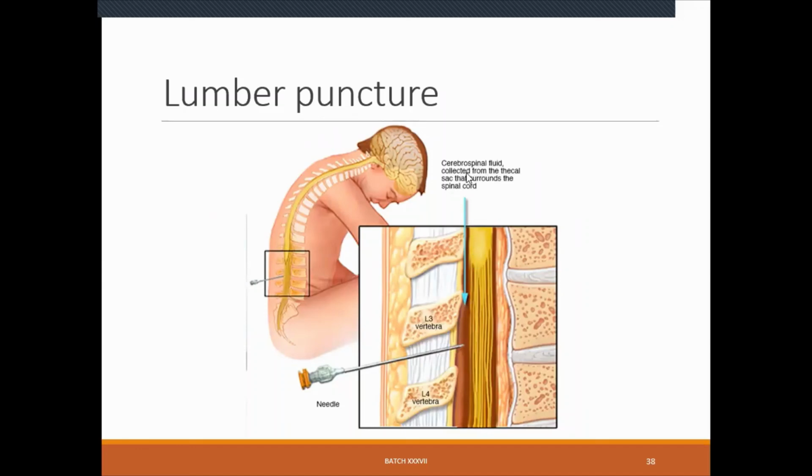The cerebrospinal fluid is collected from the thecal sac that surrounds the spinal cord, and then when the cap is removed, the cerebrospinal fluid will start flowing down, and they have a meter to check the pressure, and then when it's opened up, the fluid starts falling down dot by dot, and it is collected in a test tube, and then it is sent for testing.